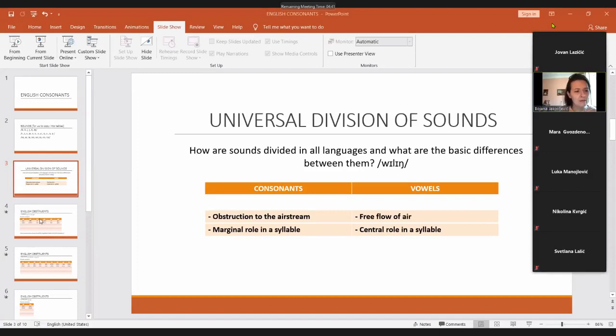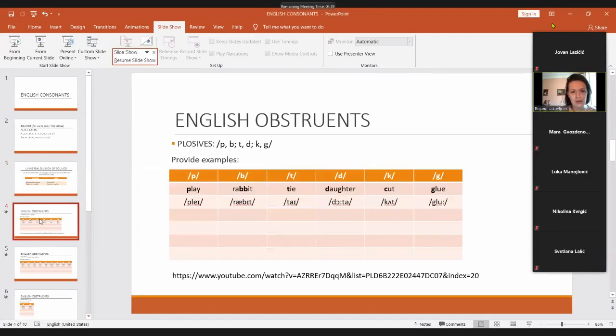Okay. These are some examples, so let's focus on this first. We have P, B: the obstacle is complete, made at the lips.